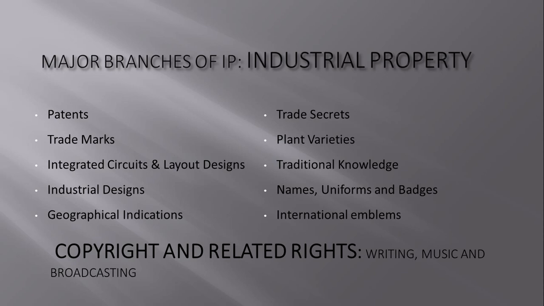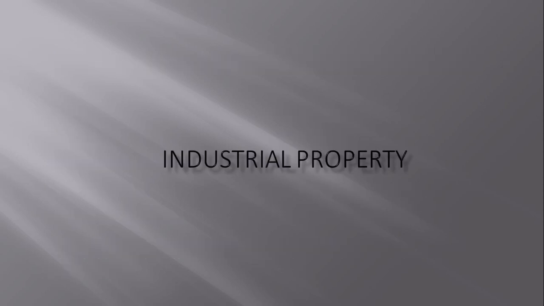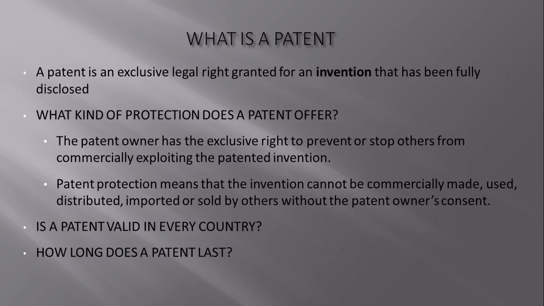Then we started to look at the introductory components of the various types of IP. So we talked about a patent, which we said is an exclusive right that is granted for 20 years to the owner to exploit or to benefit from his creations. This exclusive right comes with economic rights.